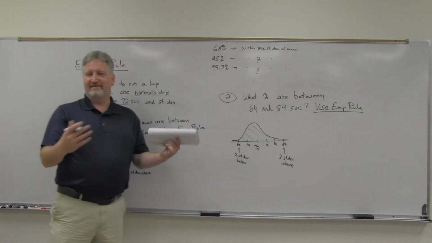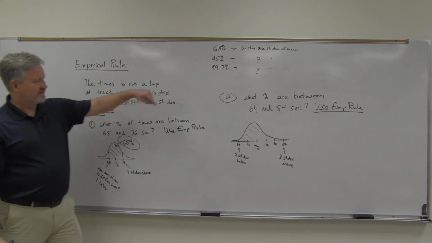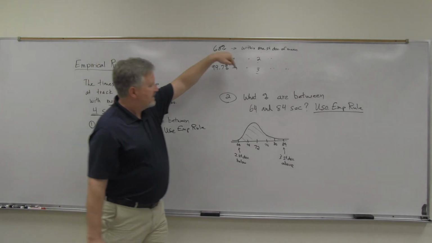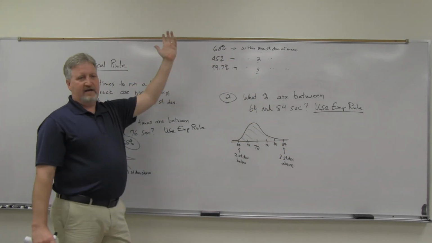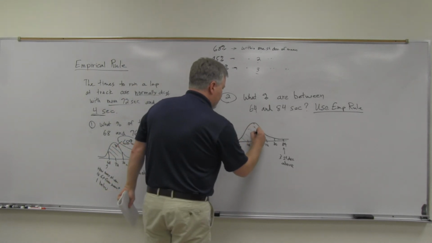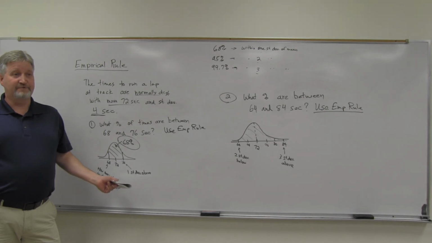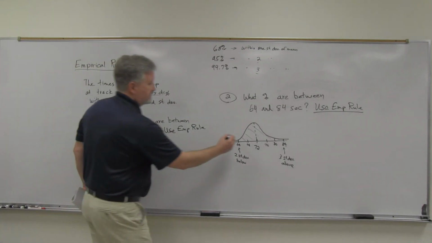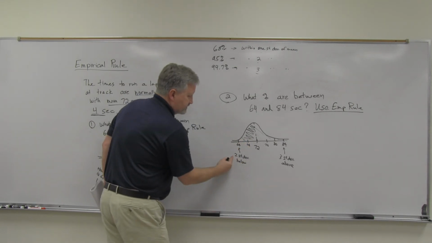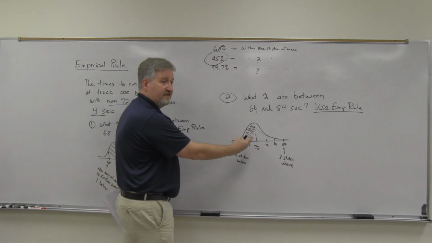A lot of times you'll get a mixture of the empirical rule's percentages here because the 2 standard deviations, we're talking about 95%. The 3 standard deviations, that's the 99.7. So how do we, well, like I said, sometimes we have to halve those percentages. What would this percentage right here from the mean to the 64 be? Because I'm talking 2 standard deviations below, so I'm talking the 95%, but I'm only talking half of it.